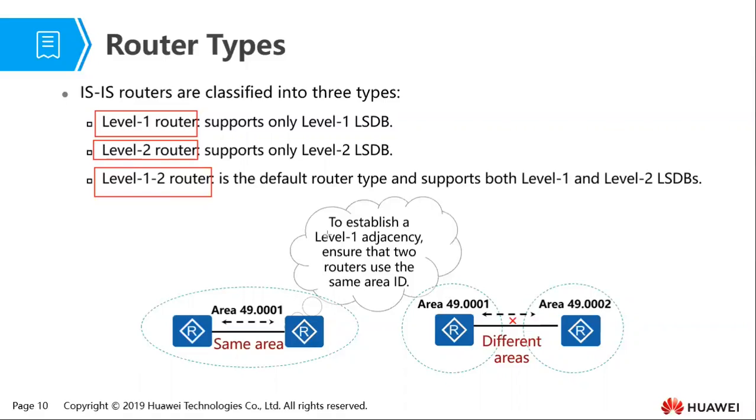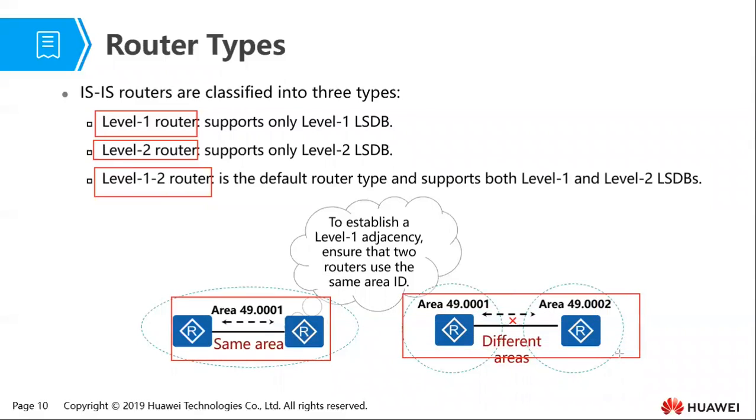So to establish a level 1 adjacency, ensure that 2 routers use the same area ID. Okay, so if you're on the same area, then you're going to form level 1 neighbor relationship. But if you are on different areas, for example, this is area 1 and this is area 2, you cannot establish level 1 neighbor relationships.